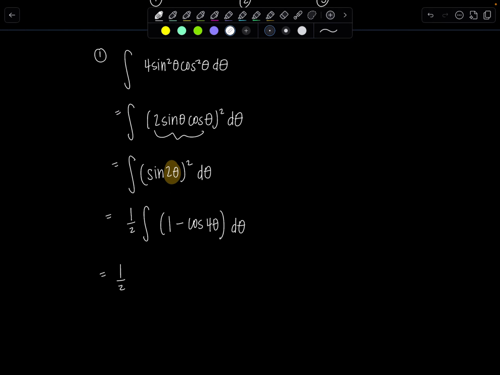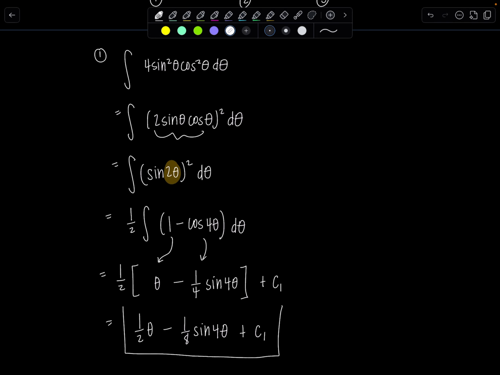So 1/2 antiderivative of 1 is going to be theta minus, just divide by 4, so 1/4 sine 4 theta. And I'm going to put plus C1, because this constant is from the first little baby integral. We'll put them all together at the end. So let me just distribute. This is 1/2 theta minus 1/8 sine 4 theta plus C1. Okay, so 1 is done. 2 more to go.